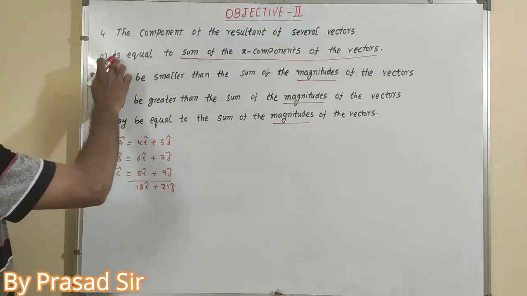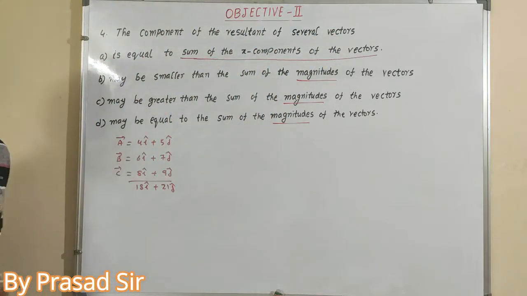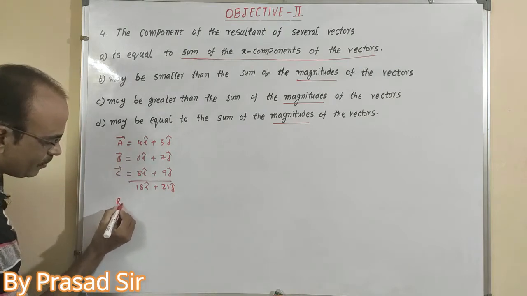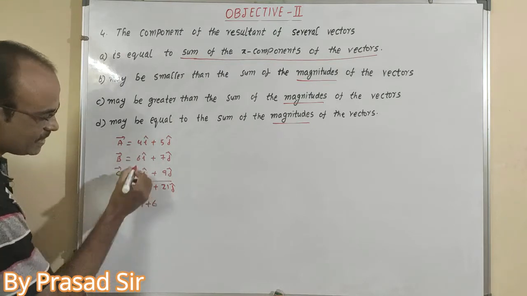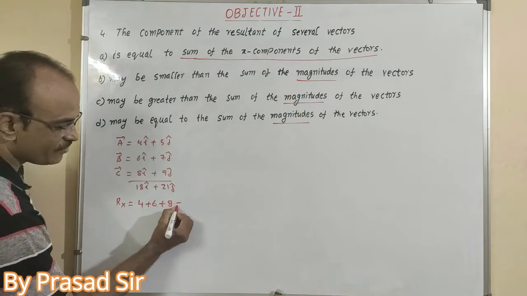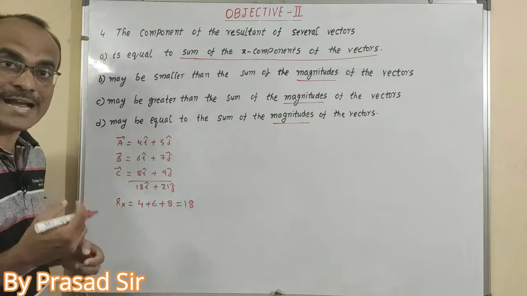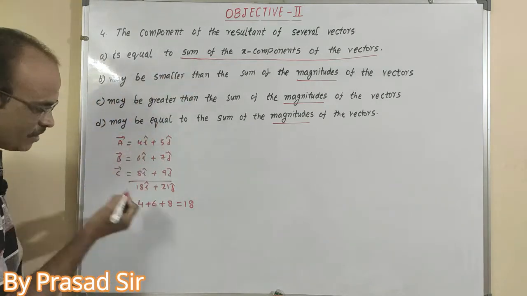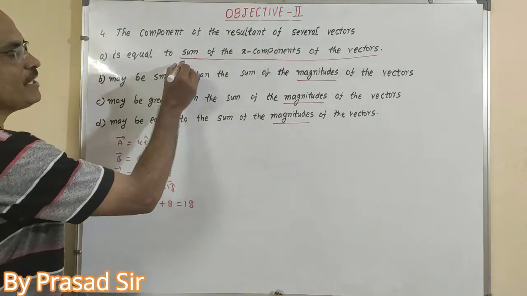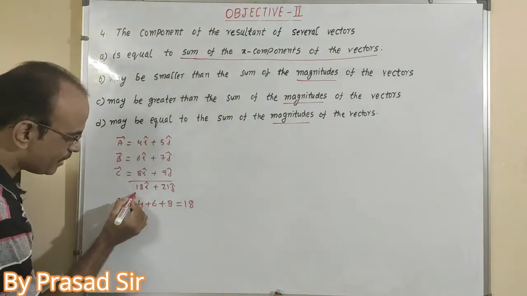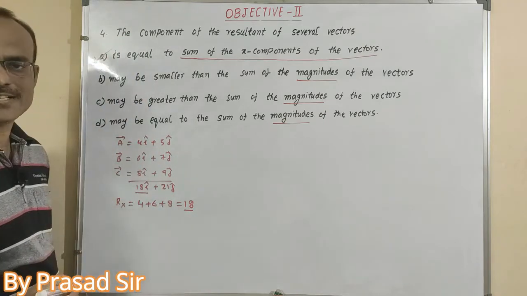Remember, the component of the resultant of several vectors is equal to the sum of the x components of the vectors. So the sum of the x components is Rx equal to 4 plus 6 plus 8. How much are we getting? 18. This is the sum of the x components. So observe here, 18 and 18. By observing these two, option A is correct.